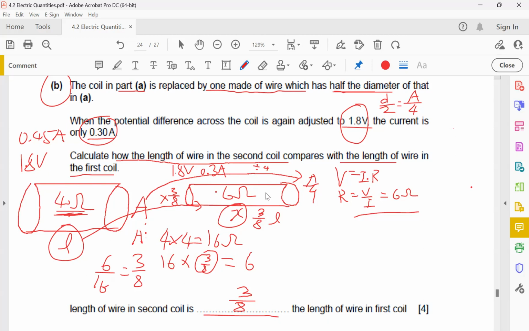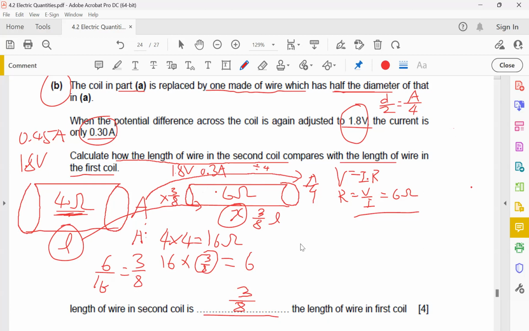By how much shorter? I don't know. But this L multiplied by something should be the new one, which means this 16 ohms multiplied by something should be the new 6 ohms in length.